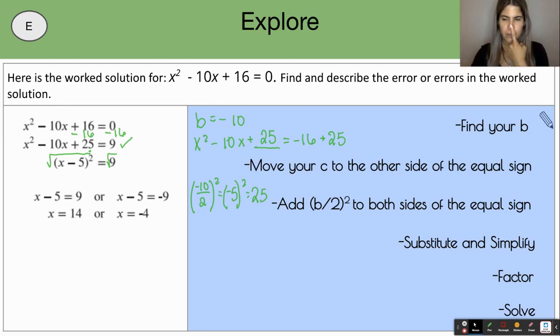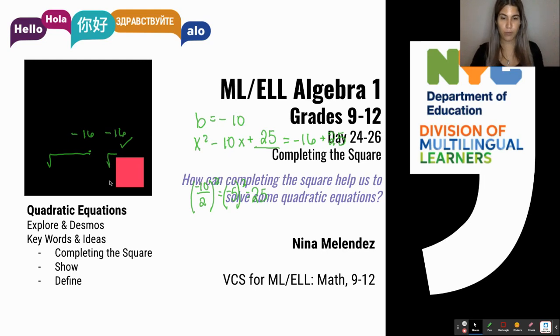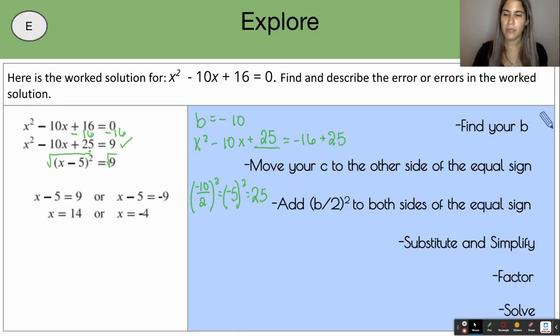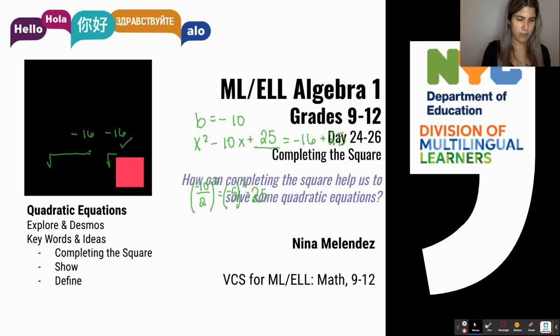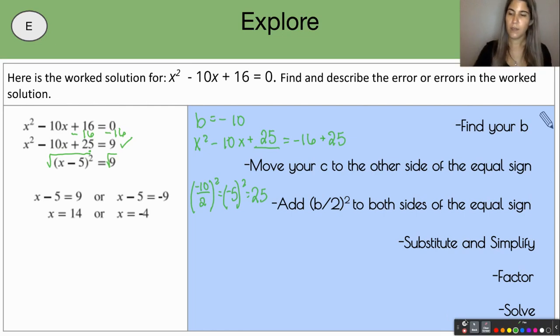Wait a second, but they just brought the 9, but the square root of 9 would be positive or negative 3. And then I would have been left with x minus 5.